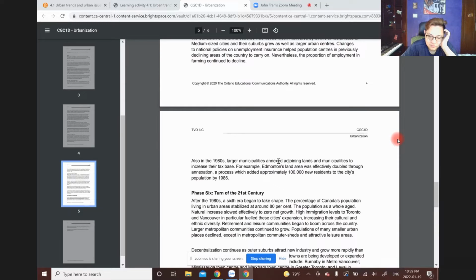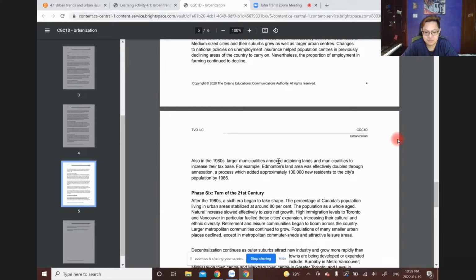High immigration levels to Toronto and Vancouver in particular drove city expansion, increasing cultural diversity. Retirement and leisure communities began to boom across the country.